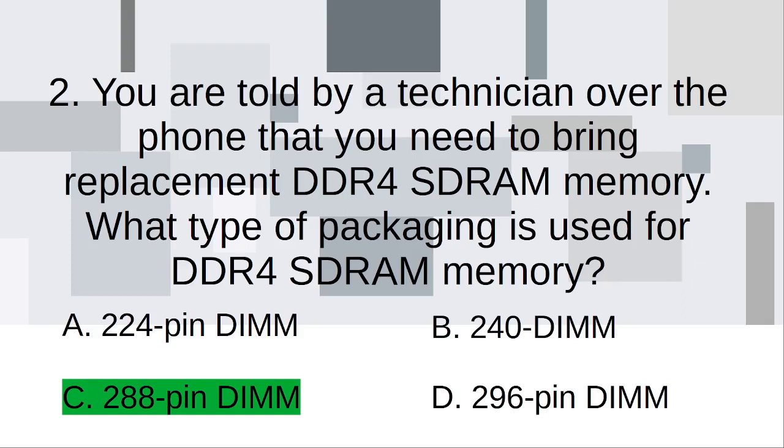As well, if I'm going to explain the wrong answers, 224 pin DIMM and 296 pins do not exist. DIMMs with 240 pins are for DDR2 and DDR3.